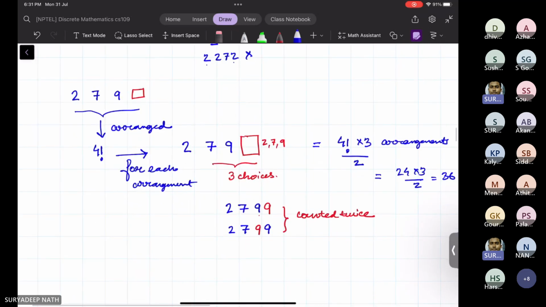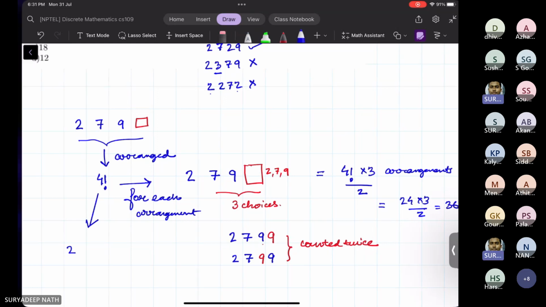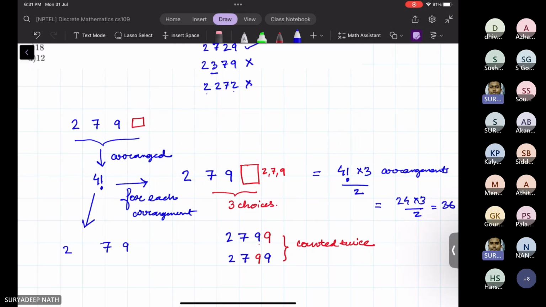But if you see such arrangements, in these 4 factorial arrangements, you'll get some arrangements like, let's say 2, 7, 9, so you have the placeholder over here, and you get another arrangement like 2, 7, and 9, again with one more placeholder over here.